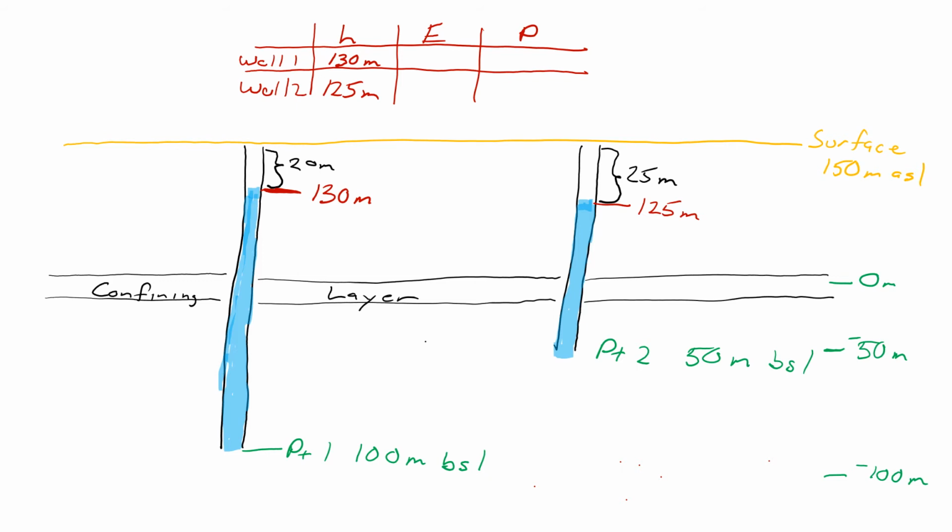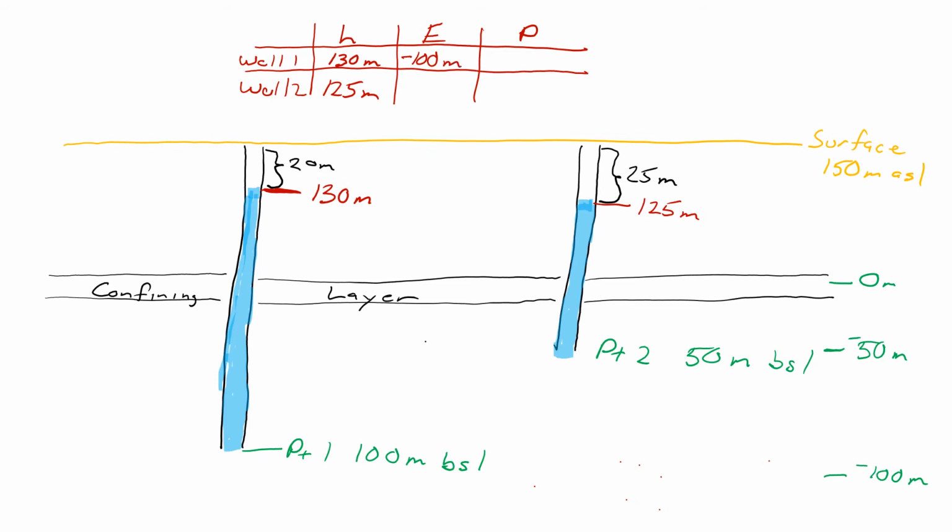Now the elevation head, and I intentionally did this funky below sea level stuff just to show you that it works above and below. Elevation head is the elevation at the base of the well. What is the elevation relative to sea level of the base of well 1?